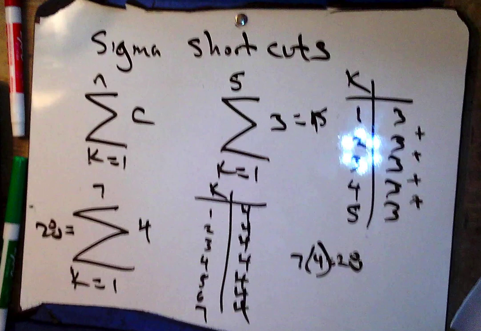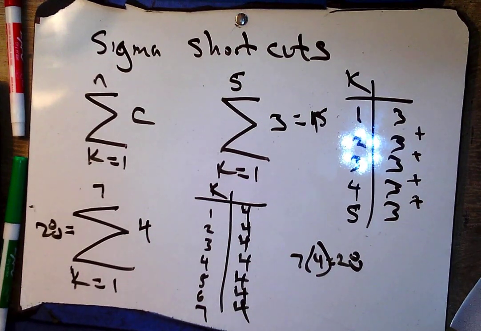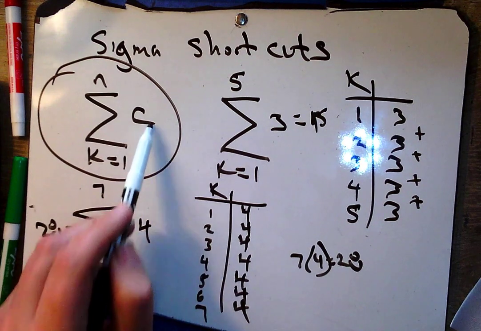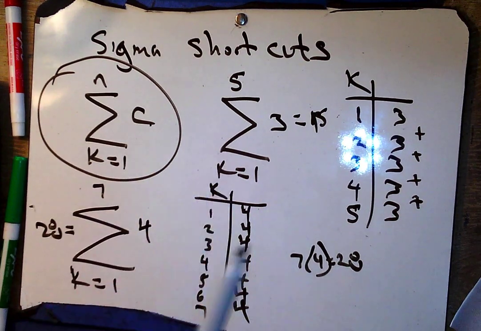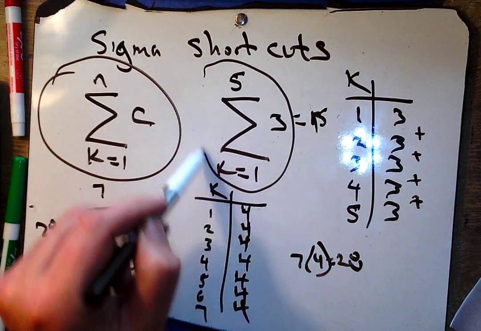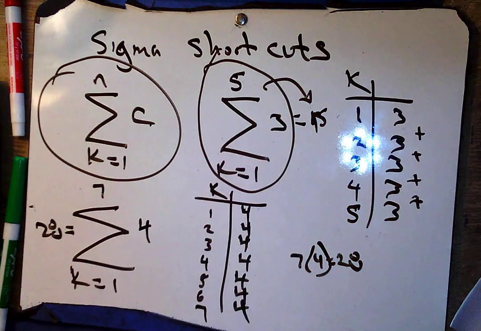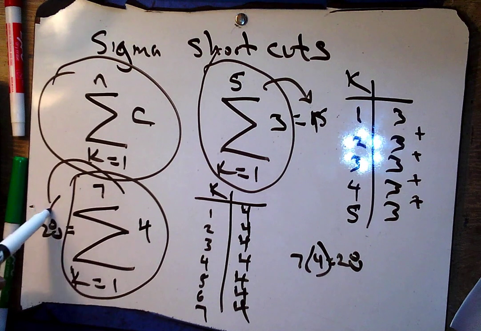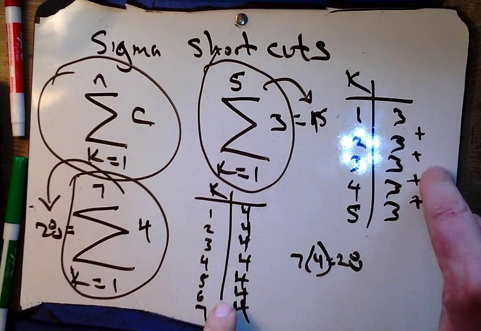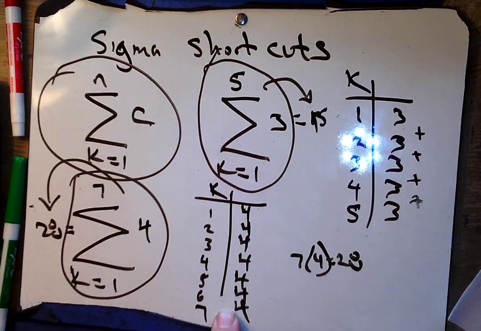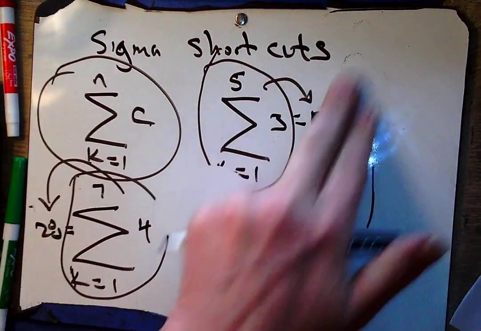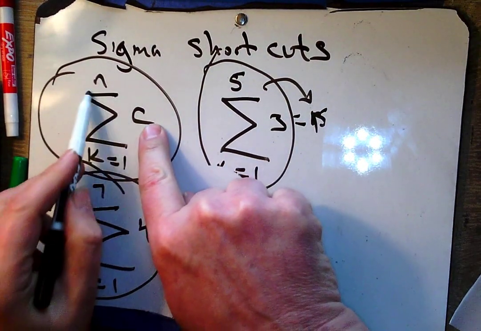Now, I'd like you to tell me what's the shortcut rule for the sum of a constant. How is it that I could just look at this and come up with that without having to do all this legwork? I think most of you see it. Constant times n.